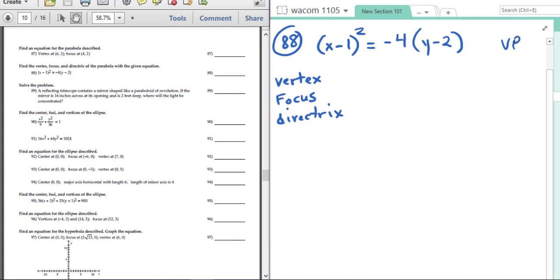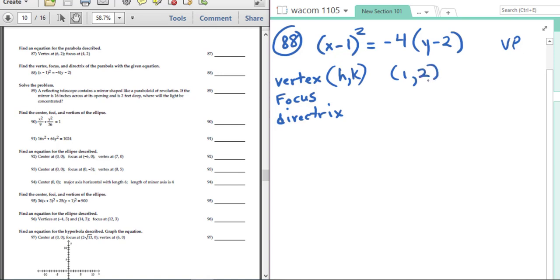All right, your vertex you pick off from your form. It's going to be (h, k). And remember, the form is always minus. So if it is minus, then it's just going to be that number. So your vertex is going to be (1, 2).